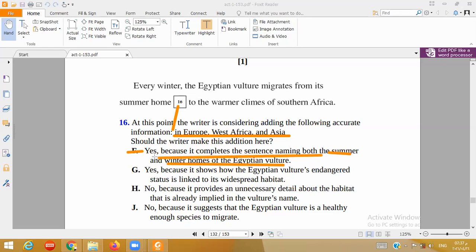So if you put that line here, it's going to be: every winter the Egyptian vulture migrates from its summer home in Europe, West Africa, and Asia to the warmer climes of southern Africa. Okay, good job. So that's the first information we learn about the Egyptian vulture. It migrates from its summer home to warmer climes in southern Africa.